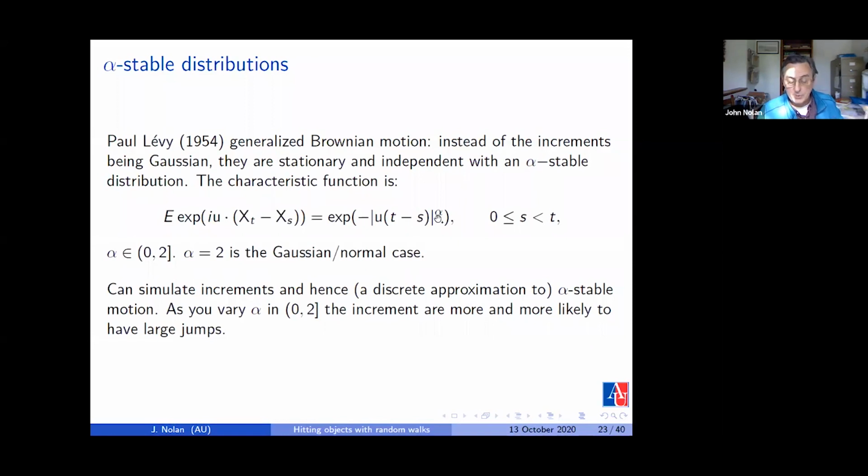So if alpha is 2, you have Brownian motion. If alpha is 1, you have a Cauchy process. Yeah. And for all other values of alpha in this region, you have an alpha stable process. Those first two are the ones where you have explicit formulas for the multivariate densities.